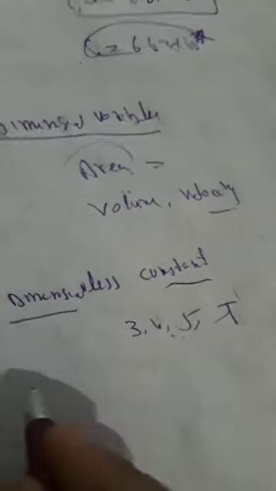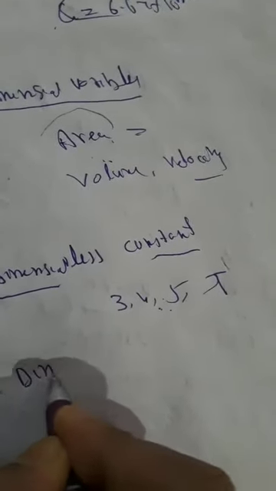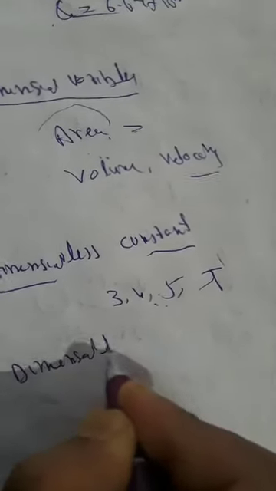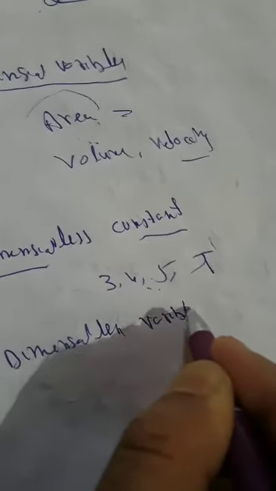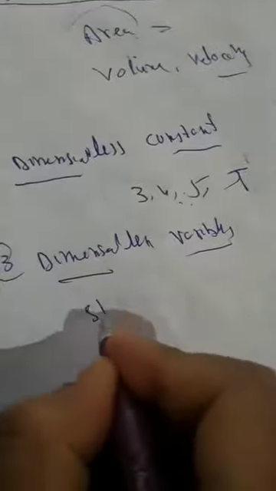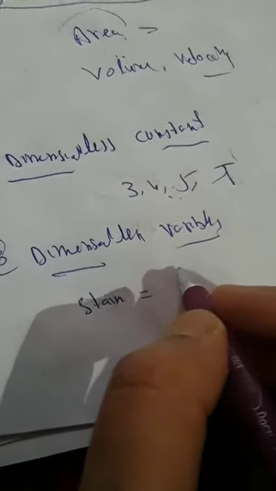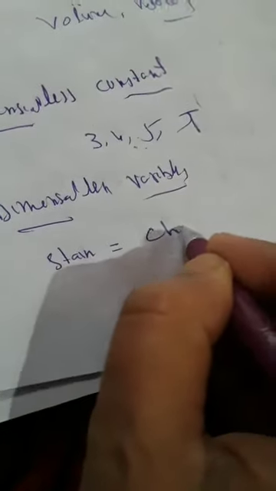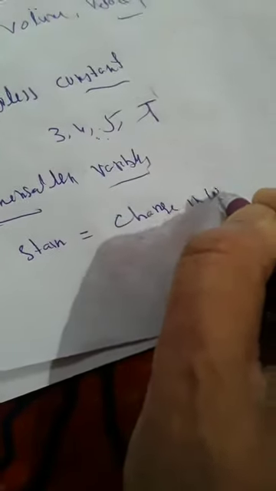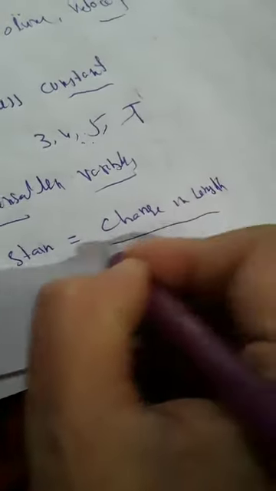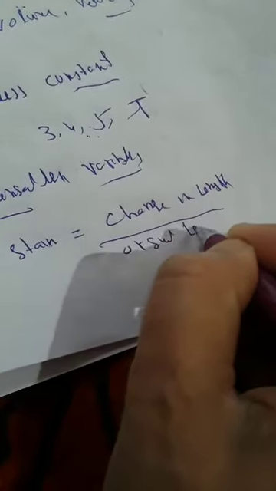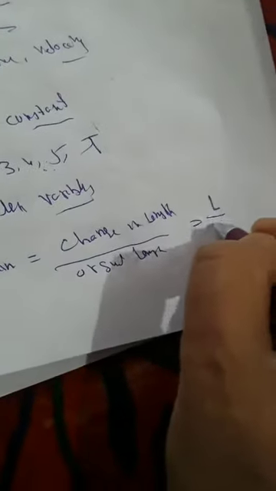Just like this, one more quantity, dimensionless variables. There are some quantities which do not possess the same value, but even then they do not have dimensions. For example, मैं आपको लिखूंगा स्ट्रेन किसके बराबर है. Strain is change in length divided by original length. इसका L, ultimately it will cancel, its value becomes 0.